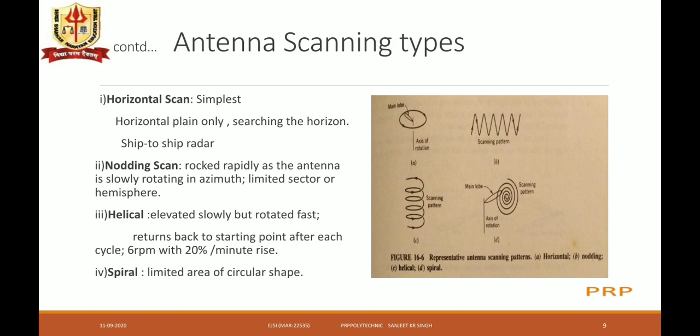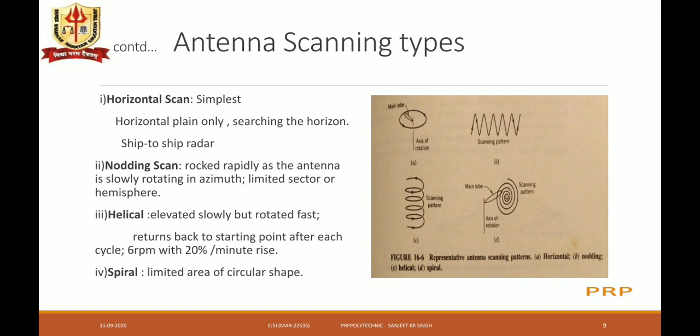Nodding scan, that is vertical scanning: here the antenna is rocked rapidly as it moves slowly about its axis in azimuth direction. So a limited sector can be scanned, and if the elevation is increased, we can cover the entire hemisphere using the nodding scanning method.